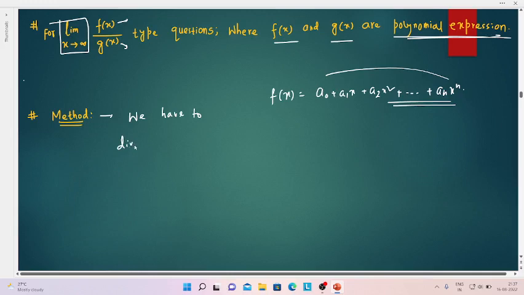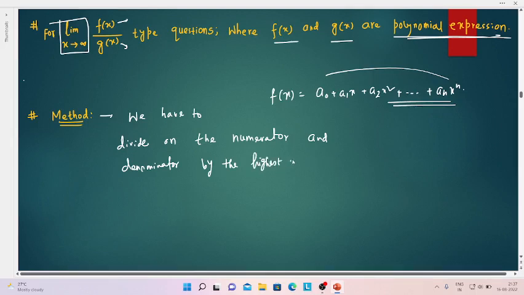We have to divide the numerator and denominator by the highest power, or you can say the highest degree, of the variable.